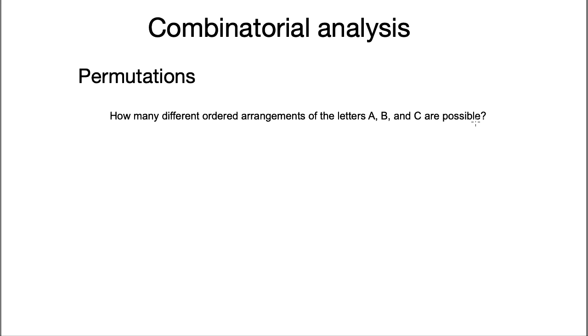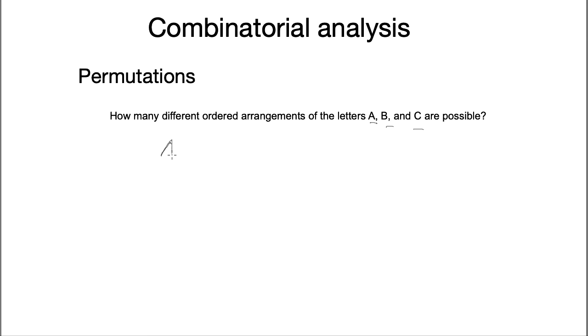The second type of combinatorial analysis is permutation. It is used for counting how many different ordered arrangements of a group of letters, numbers, or any group are possible. For example, in this situation we have 3 elements A, B and C, and we want to know how many different ordered arrangements we can get from these 3 letters.